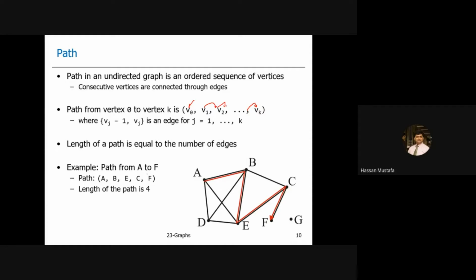In this specific graph, this highlighted red path can be represented as A, B, E, C, and F. If I want to tell the length, then I would count the number of edges. So there are 4 edges, so the length of this path is 4.